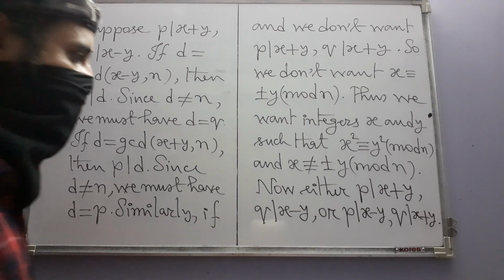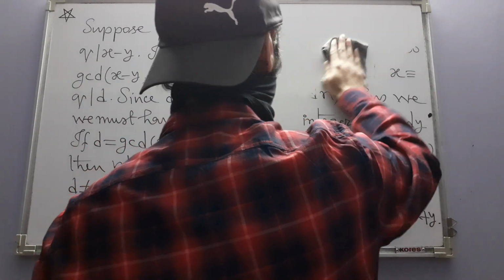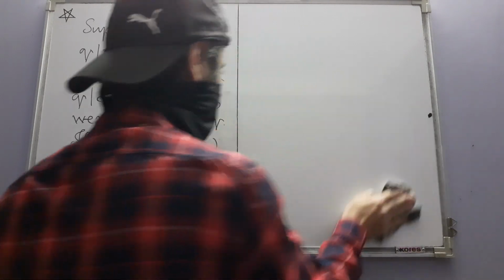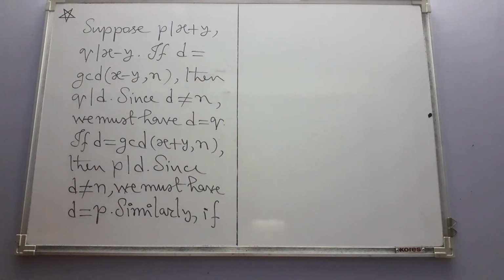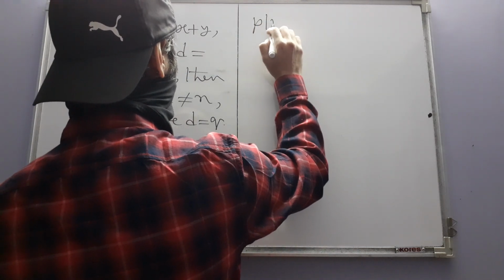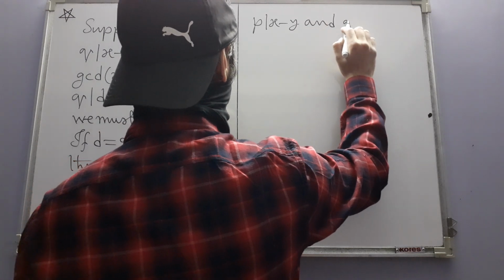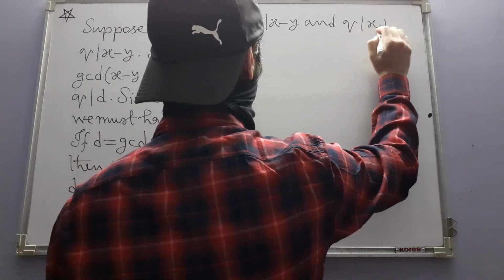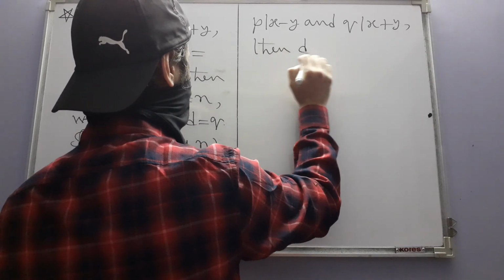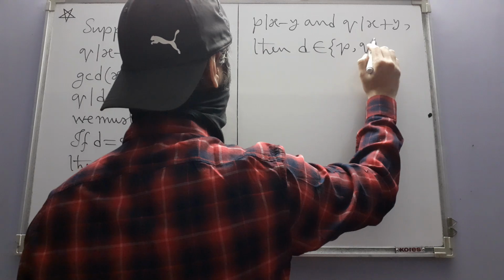You can see why. If p divides x minus y and q divides x plus y, then d is either p or q.